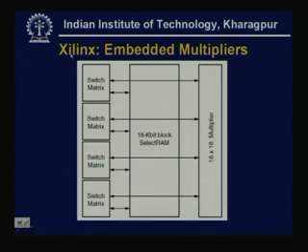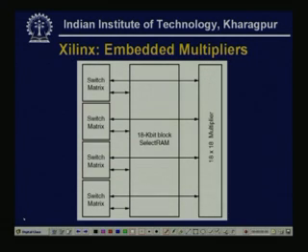See here, the switch matrix is connected to an 18 kbit block select RAM. This is my RAM and this is an 18 by 18 multiplier, a pre-designed multiplier kept as an embedded multiplier in the FPGA.